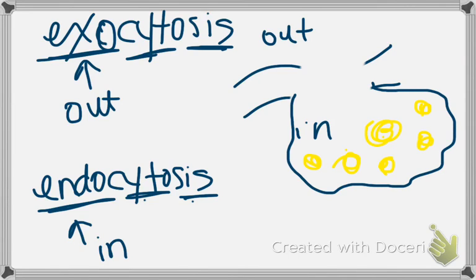And then this bubble is going to fuse with the cell membrane and expel that contents out of the cell. And we'll watch a real life video of this tomorrow, or whenever we get to it. We have lab tomorrow. But let's look at endocytosis real quick.